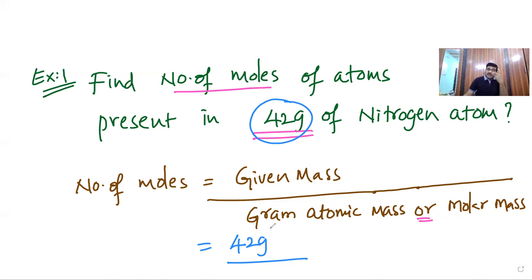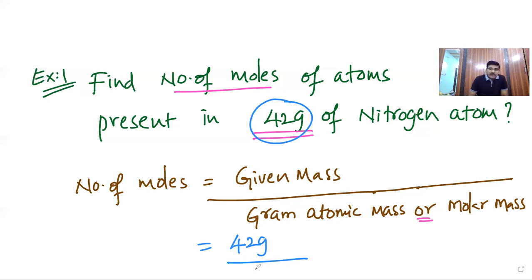We require 1 mole of nitrogen atoms. That means we require the molar mass, that is, Avogadro number of quantity of the mass. Simplifying, the molar mass or gram atomic mass of nitrogen is 14 grams.